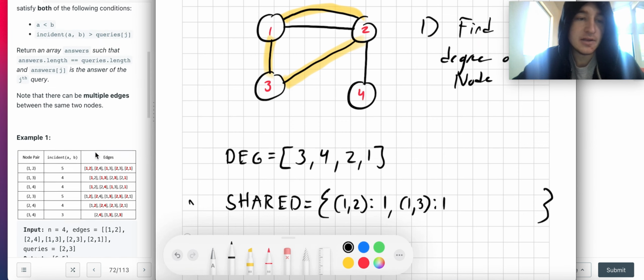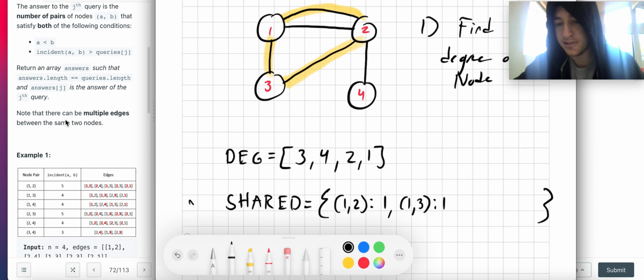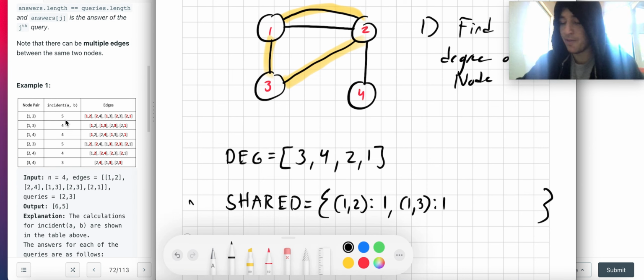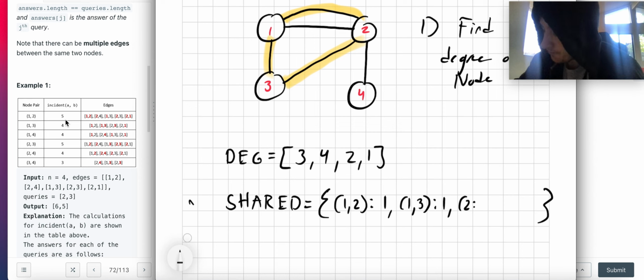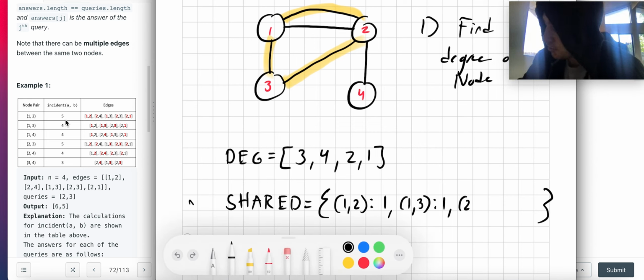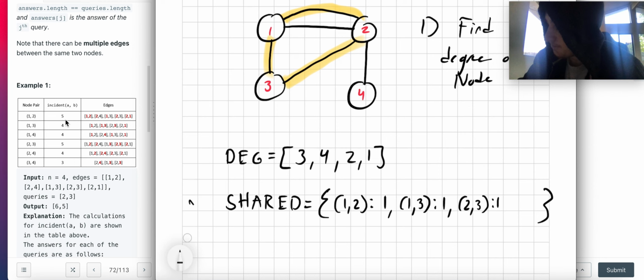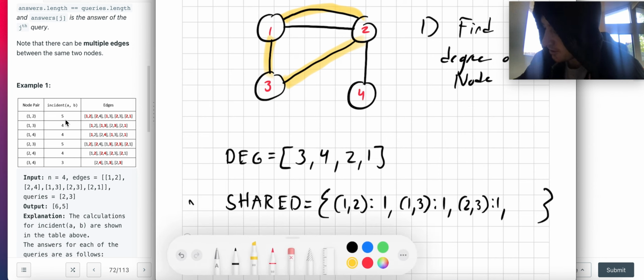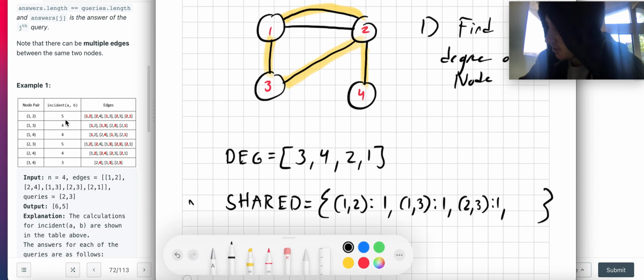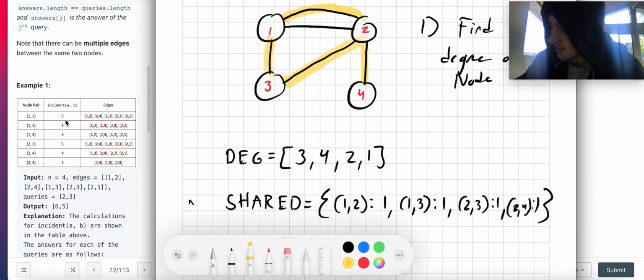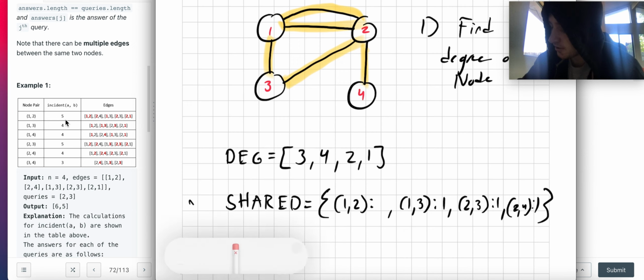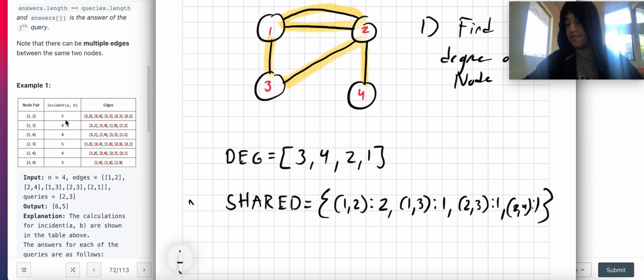That's going to tie into this idea of A being less than B. But for now, just follow me that when I'm adding edges, I always add the edge in sorted order. So 2, 3 is 1. And then maybe we look at this edge. Okay, that means there's a shared edge of 2, 4, which is 1. And then I finally look at this last edge. Okay, 1, 2 instead of being 1 is actually 2. So now I have this shared edge idea.